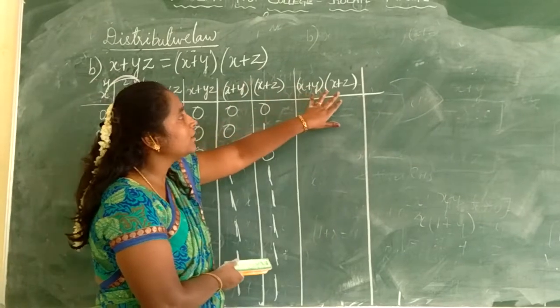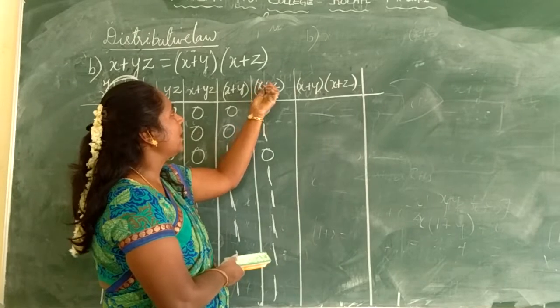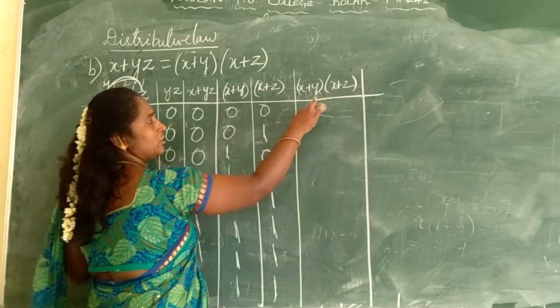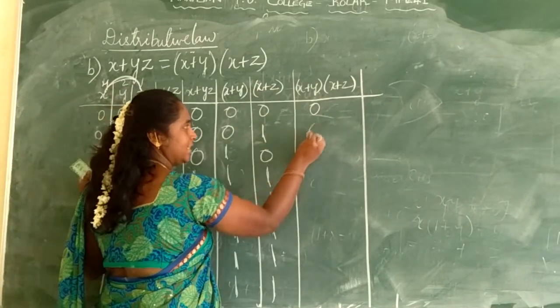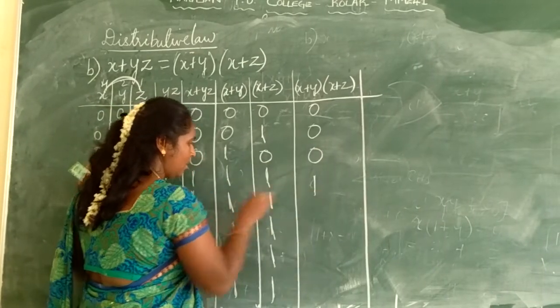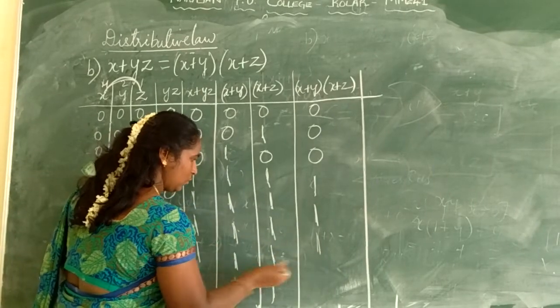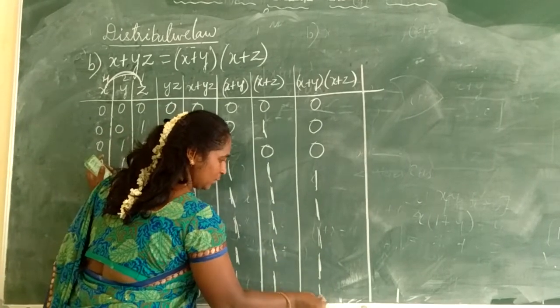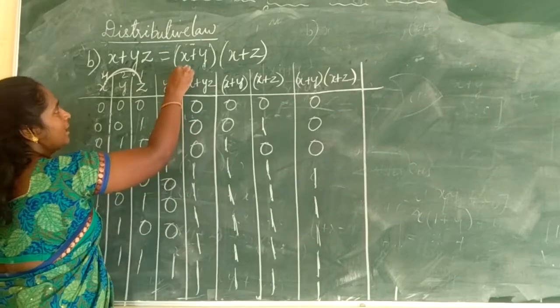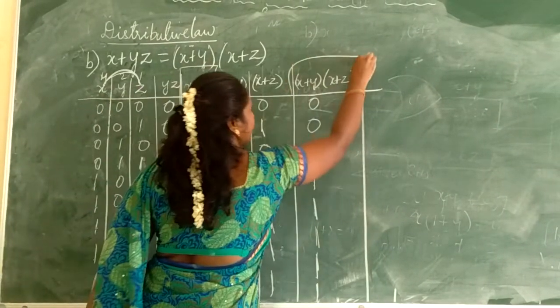These two should be done with a logical multiplication, that is (x plus y) into (x plus z). So 0 into 0 is 0, 0 into 1 is 0, 1 into 0 is 0, 1 into 1 is 1, 1 into 1 is 1, 1 into 1 is 1, 1 into 1 is 1, 1 into 1 is 1. So you got your left hand side and your right hand side.